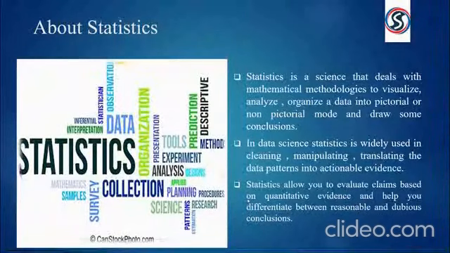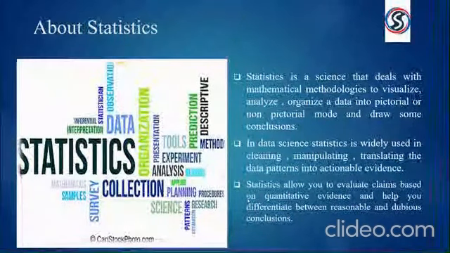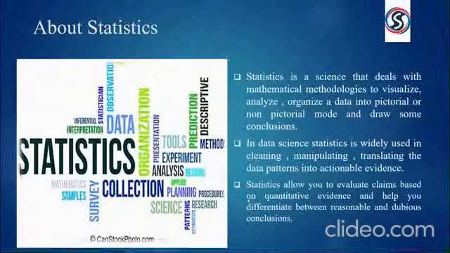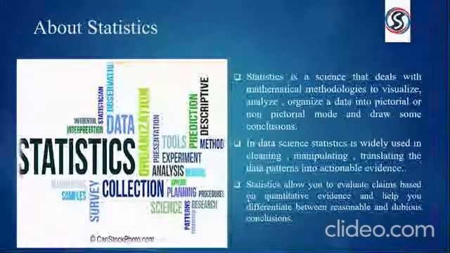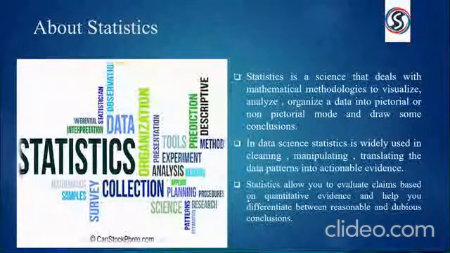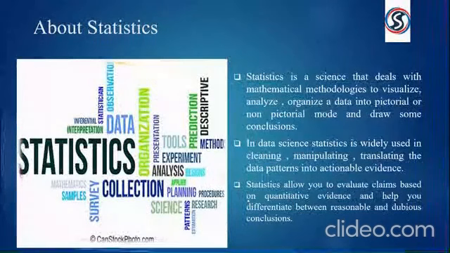Cleaning, manipulating and translating the data patterns lets us establish relationships between the variables present in the data, what type of data it is, what we can do with it, and what actions we can perform. It allows you to evaluate claims based on quantitative evidence and helps you differentiate between reasonable and dubious conclusions, right?